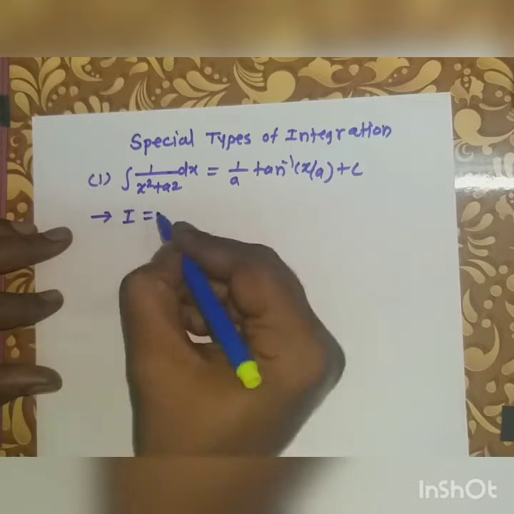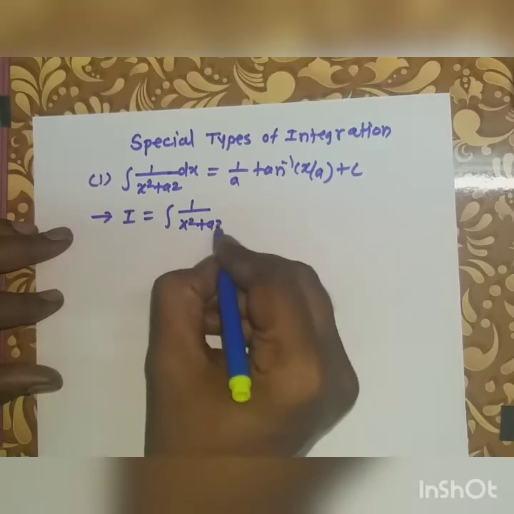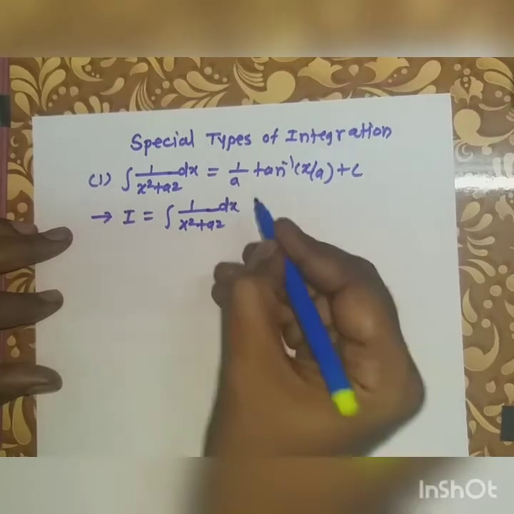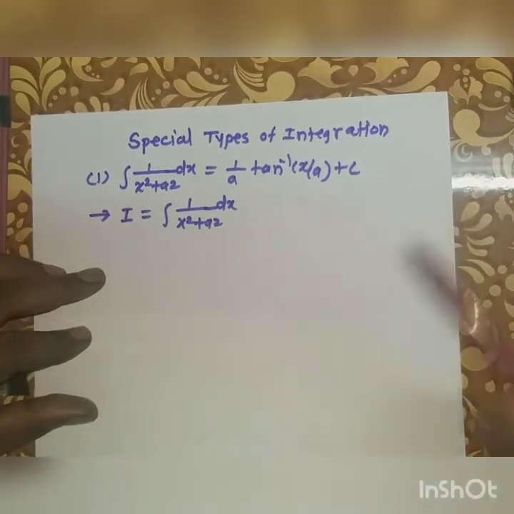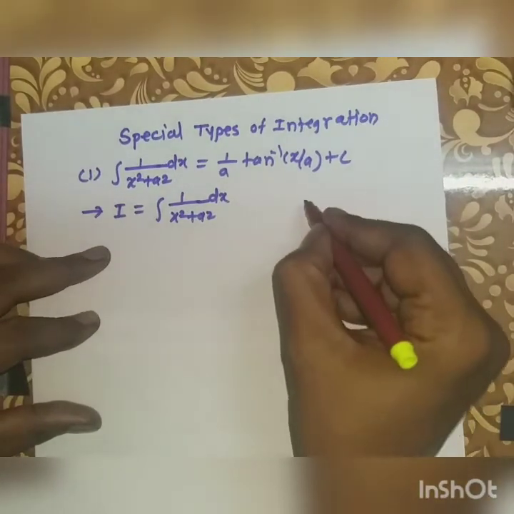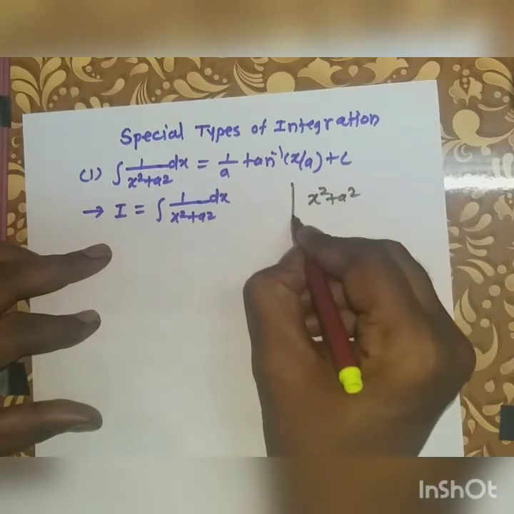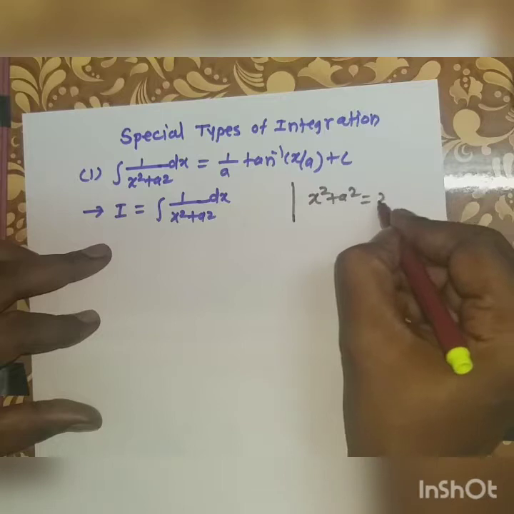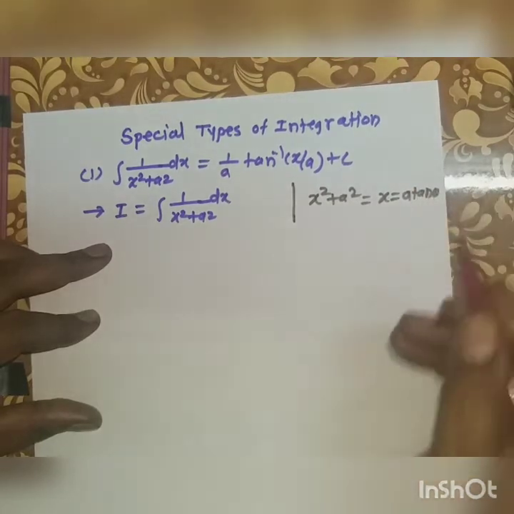Let I is equal to the integration of 1 divided by x square plus a square. Now we apply the substitution method. The substitution can be applied if x square plus a square, then x is equal to a tan theta.